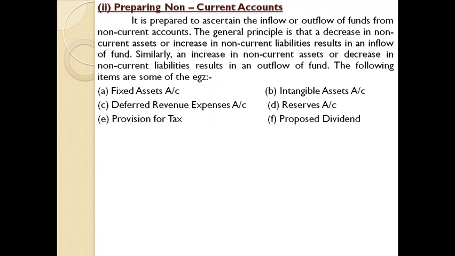Whenever there is a provision for tax or a proposed dividend given in the question, as I have told earlier, you will be given two balance sheets. If the amounts of these two items are given, opening as well as closing, in both balance sheets, remember, even if there is no additional information given in the question, you need to prepare an account.